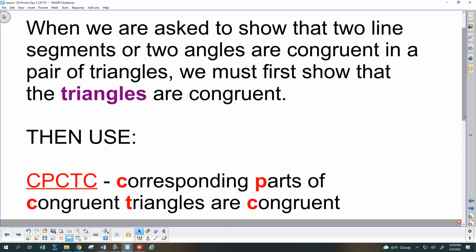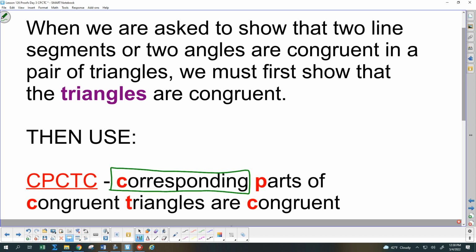We may on a test say, what does CPCTC stand for? And you need to be careful in that case. The first C is corresponding. It is not congruent parts of congruent triangles are congruent. Because if you stop and unpack that and think about the English behind it, congruent parts are congruent. That's redundant.